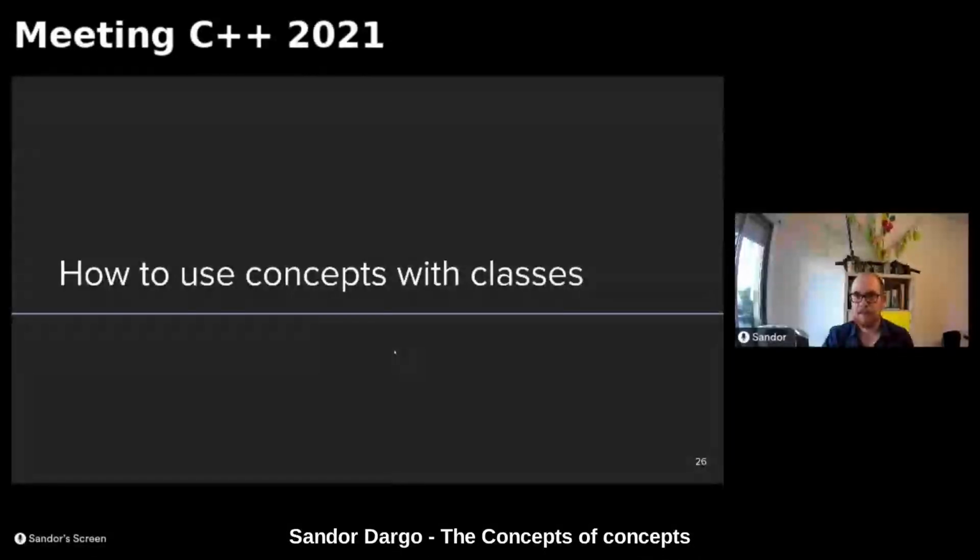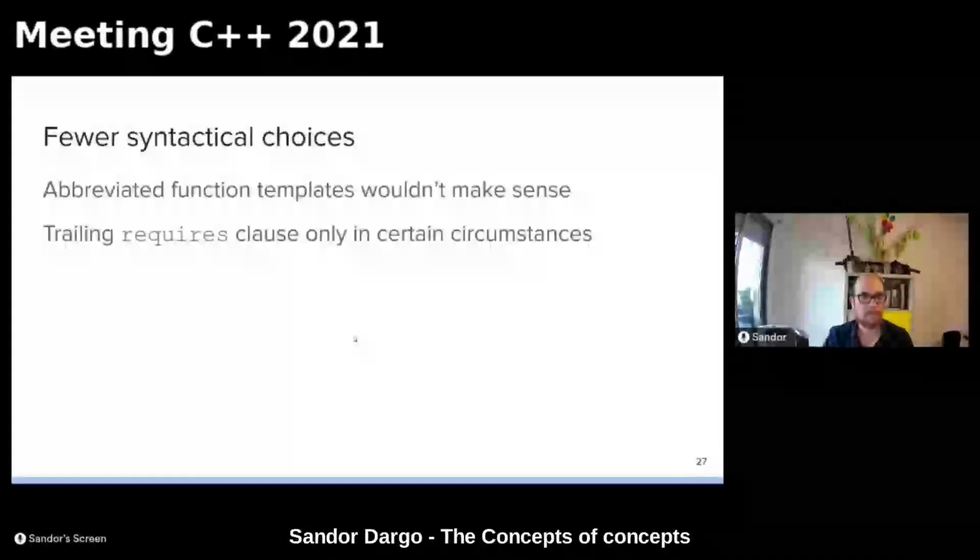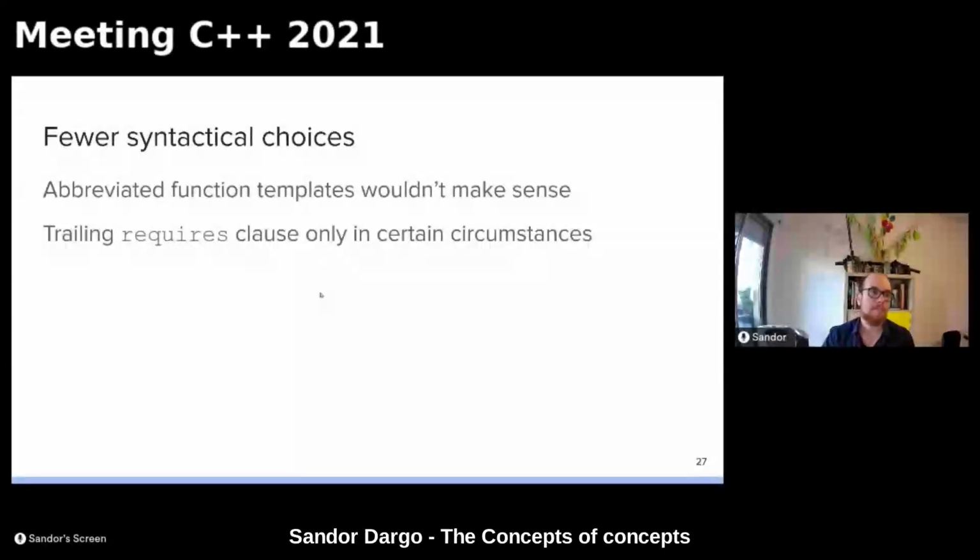Now let's see how to use concepts with classes. We have a bit fewer syntactical choices because abbreviated function templates are for function templates. They wouldn't really make sense here. And we can use the trailing requires clause only in certain circumstances, as we'll see.